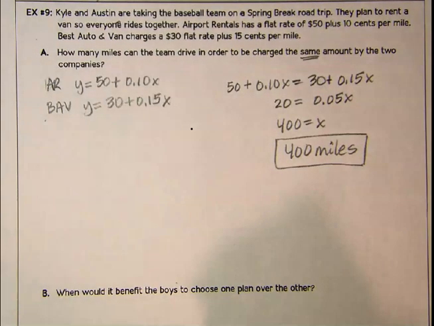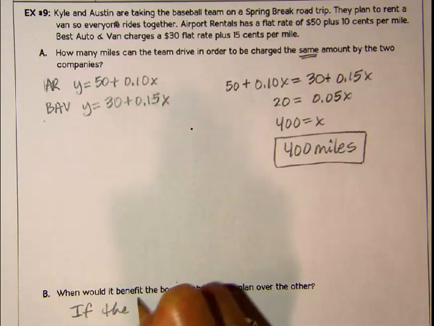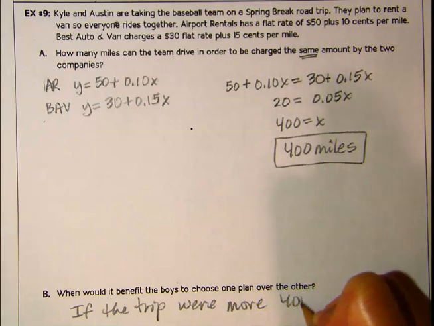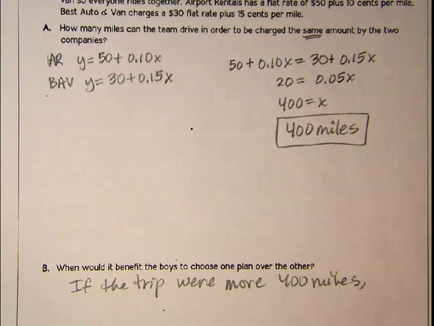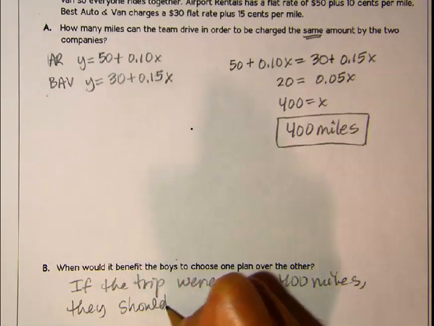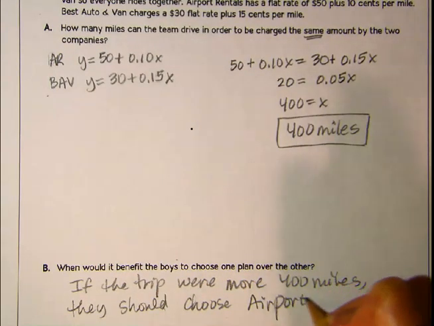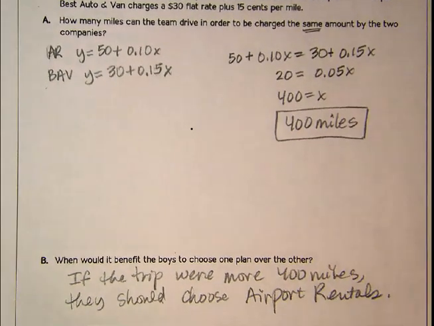So basically, if the trip were more than 400 miles, they should choose Airport Rentals, because that would be the more cost effective, because then they're only paying 10 cents per mile rather than 15 cents per mile.